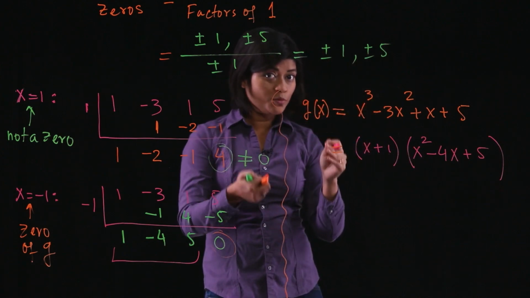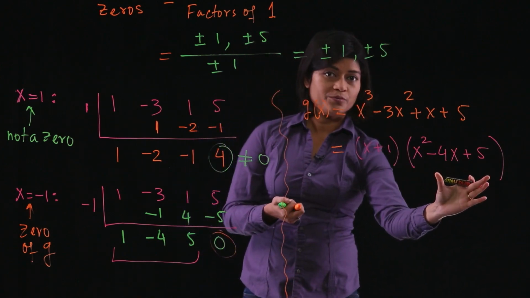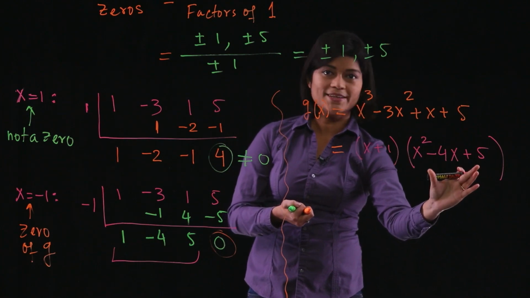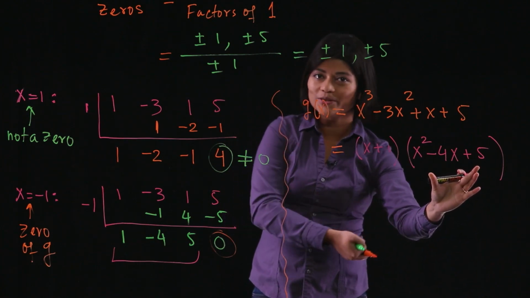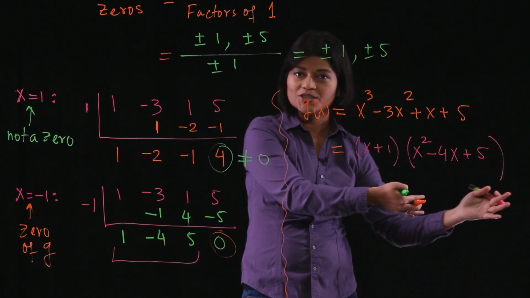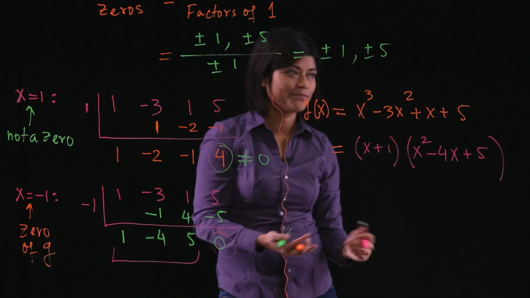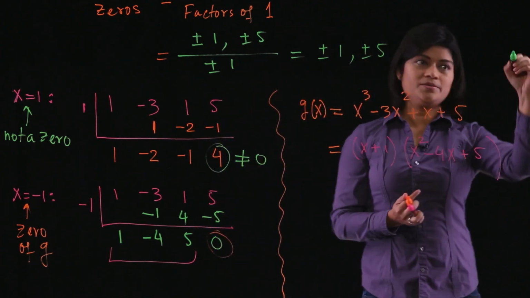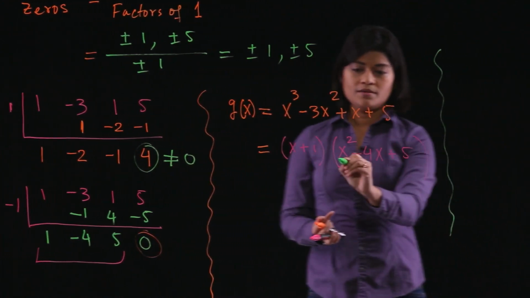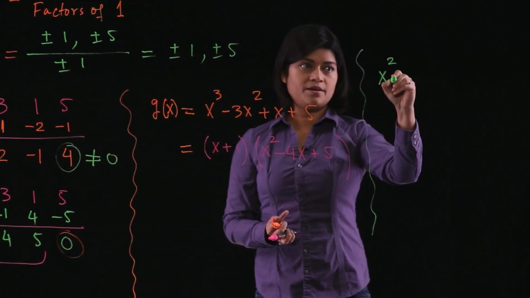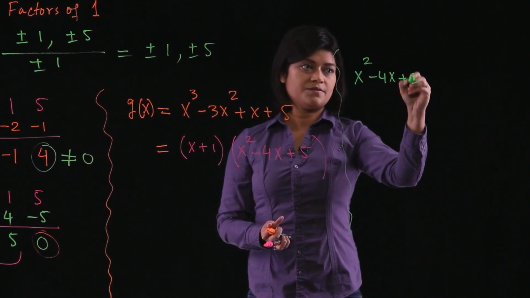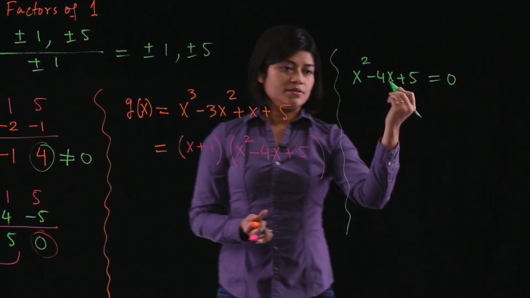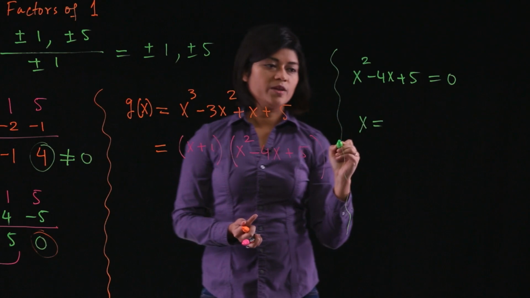So we have to find 2 more zeros, remember? And how can we find those 2 zeros? By setting this quadratic expression equal to 0. And then we'll have a quadratic equation. We can just use the quadratic formula. So let's try that. We now want x squared minus 4x plus 5 to be equal to 0. Just use the quadratic formula.